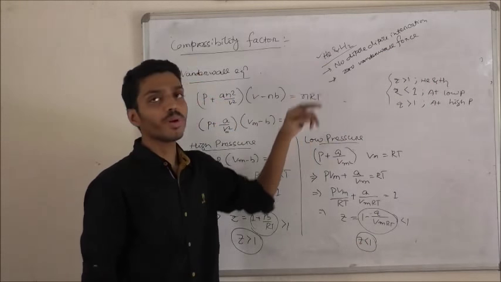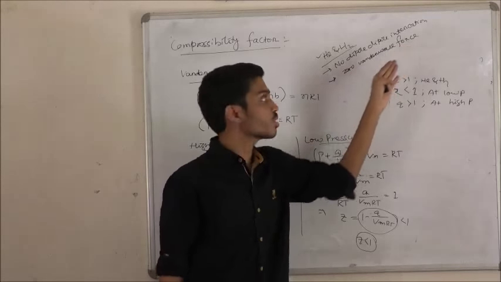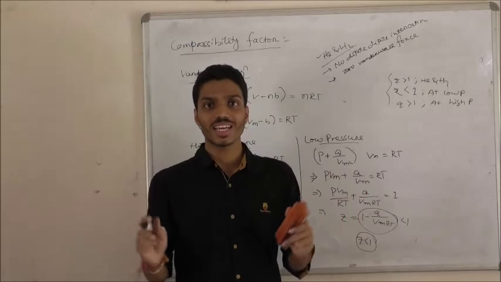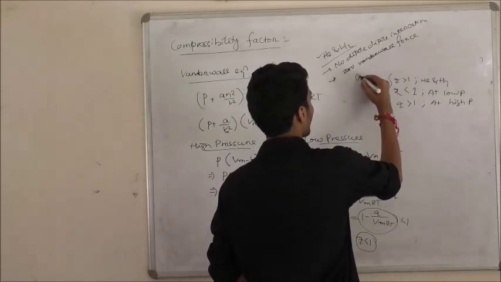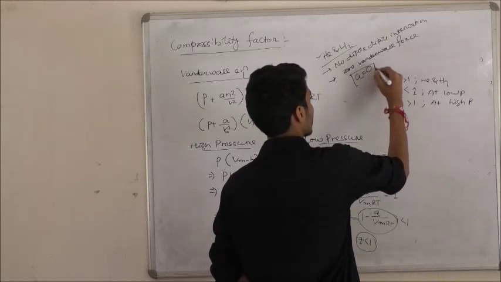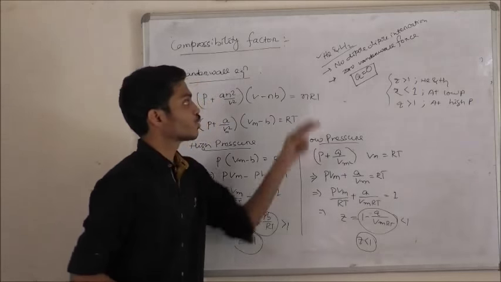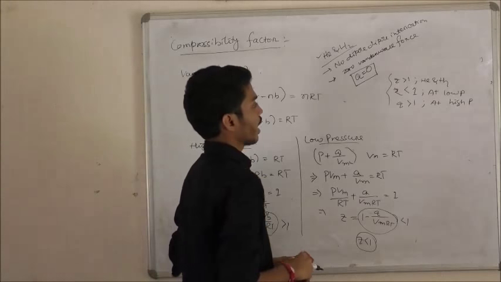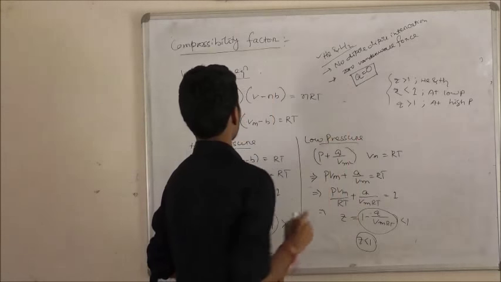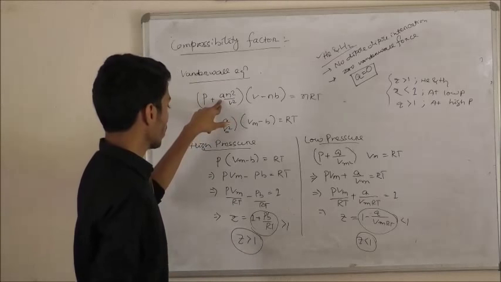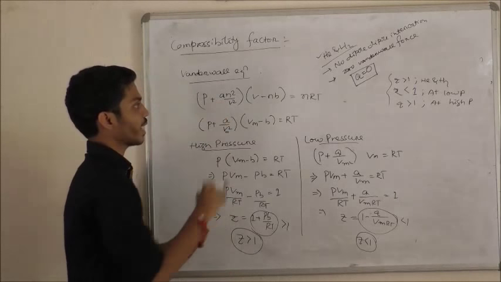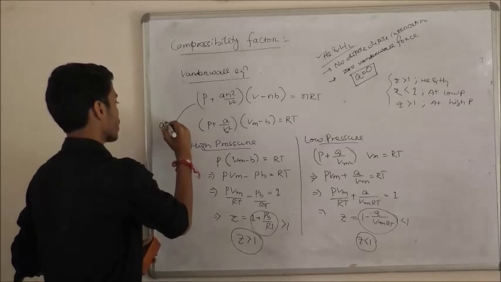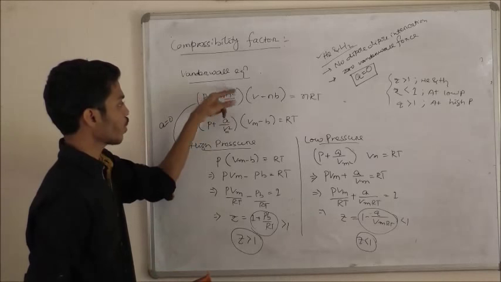So what happens in the case of helium and hydrogen? We get 0 van der Waals force, and also no dipole-dipole interaction. It means that the intermolecular force of attraction, that is a, is equal to 0. So for helium and hydrogen, a equals 0, and this term will be 0.